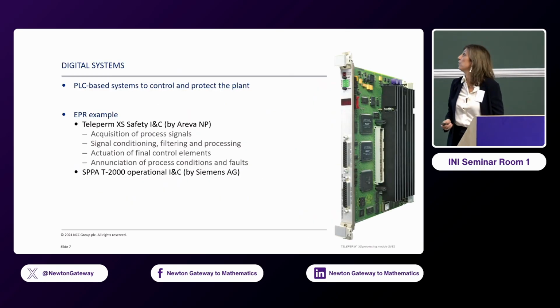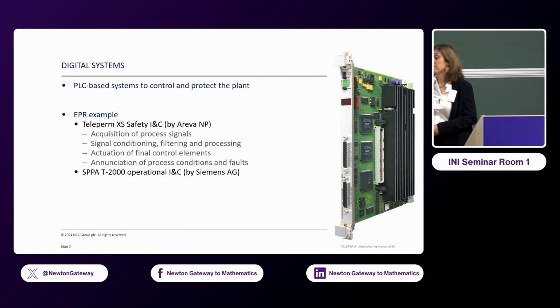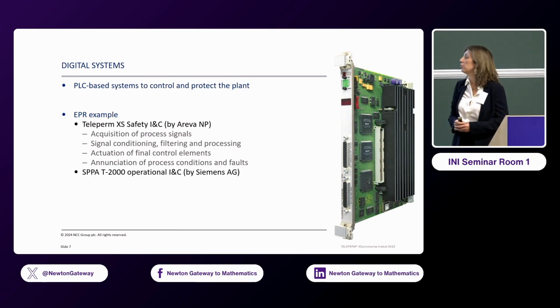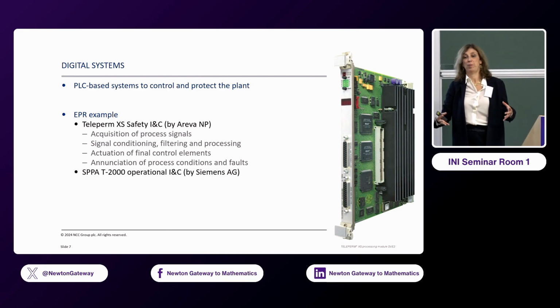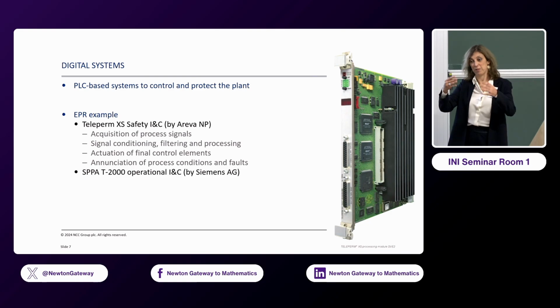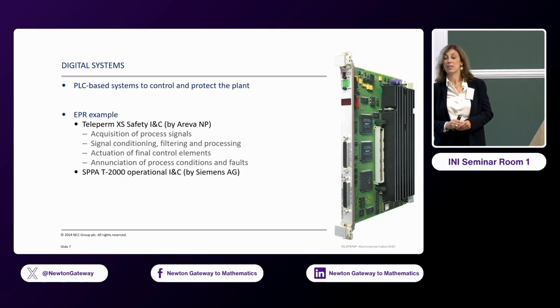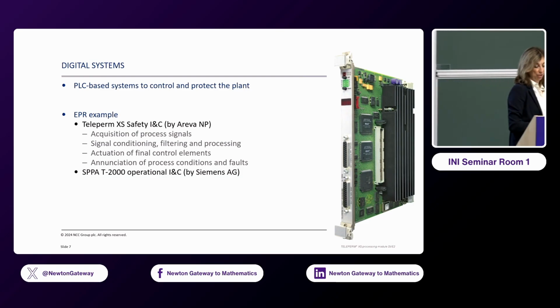So in terms of digital systems, mainly PLCs, SCADA systems. For the EPR, there's two types of platforms. There's Teleperm XS, which does the most critical part of the plant. So there's different criticalities on different systems. And then there's another PLC that is based on the S7, Siemens S7-400.